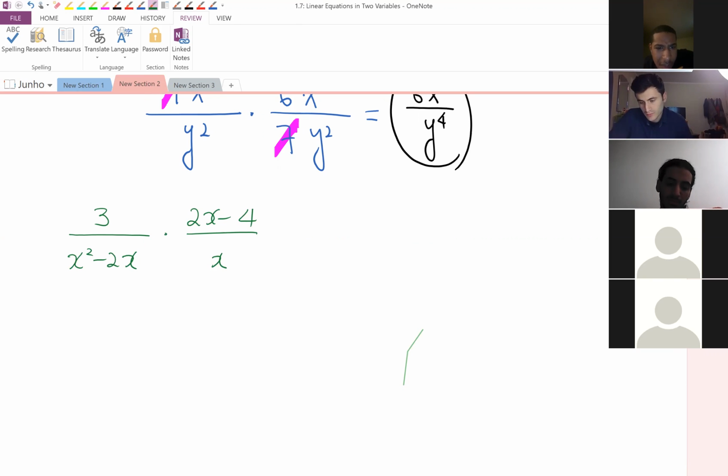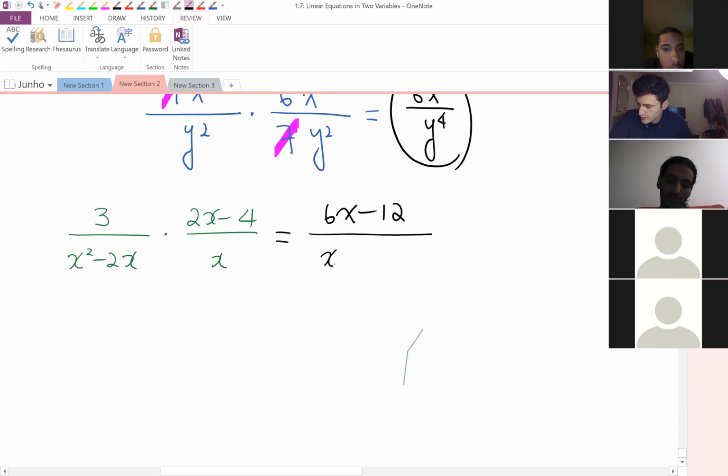Okay, let me know what you do. What did you do? The 3 times 2, I got 6x minus 12. Oh, so you are doing 6x minus 12, and then x to the third minus 3x, like this. Oh yeah, 2x squared.